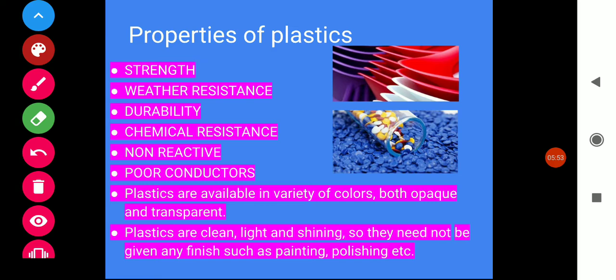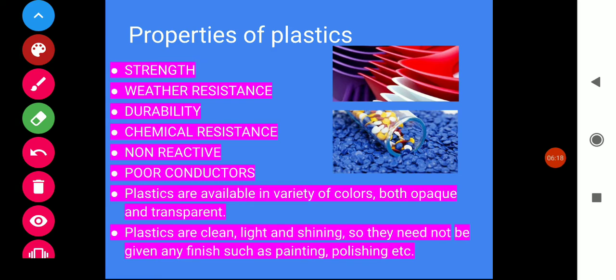Means these plastics resist weather effects. Durability. So what do you mean by durability? They can be used for a longer time. And they are chemical resistant. Means they are resistant to chemicals and also the moisture.